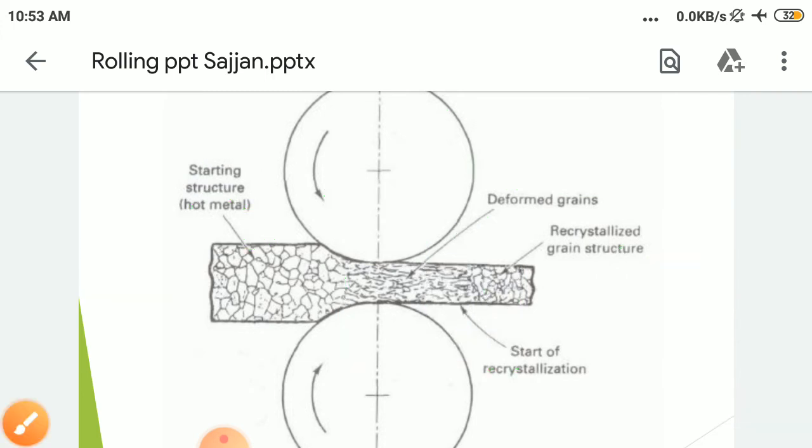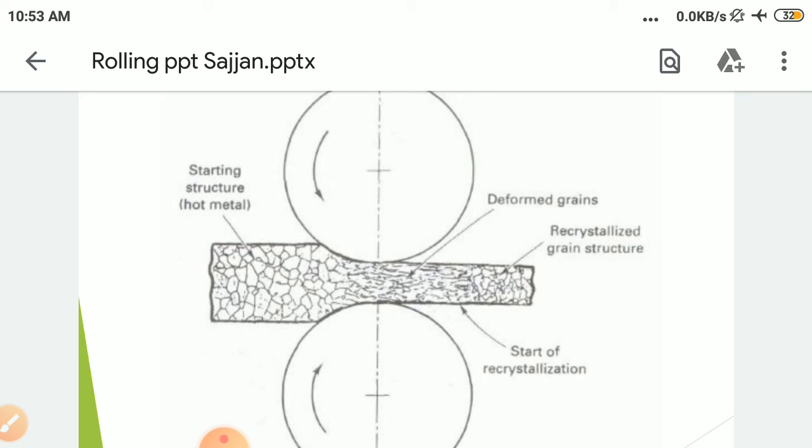So in a nutshell, I can tell you that after the deformation of the grains, as the process is a hot working process, there will automatically be an annealing process followed by the rolling process. In annealing we have a total of 3 different stages.